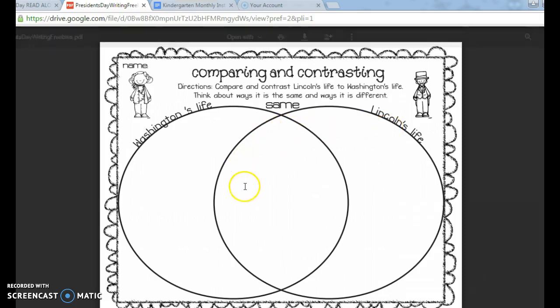Anything that was the same in both of their lives, you're going to put there in the middle where the two circles overlap. Facts that are unique to George Washington's life will go over here in this circle. And facts that are just for Abraham Lincoln will go over here in this circle.